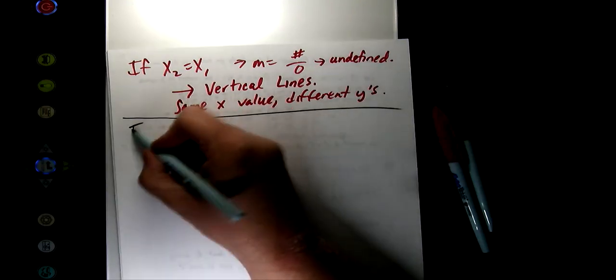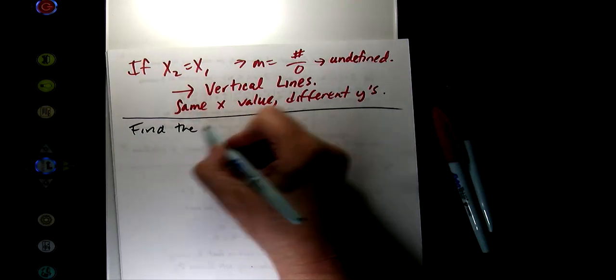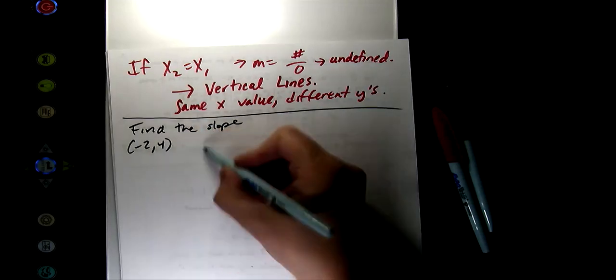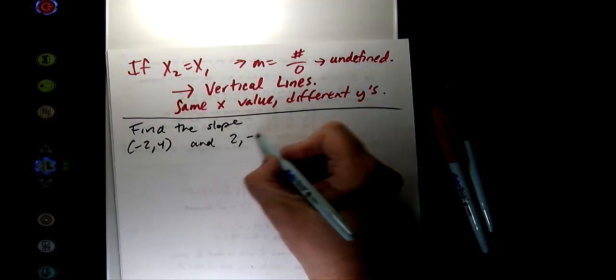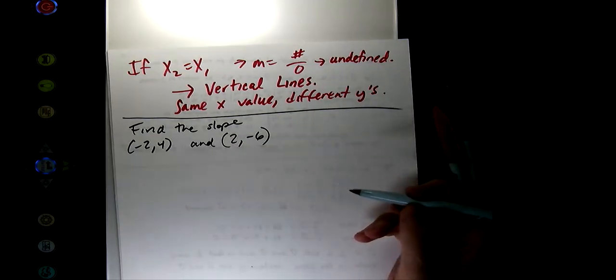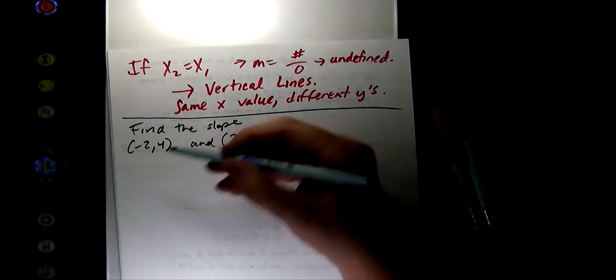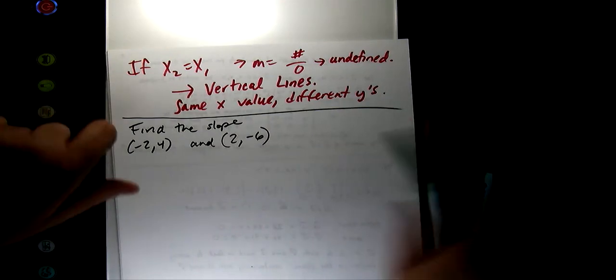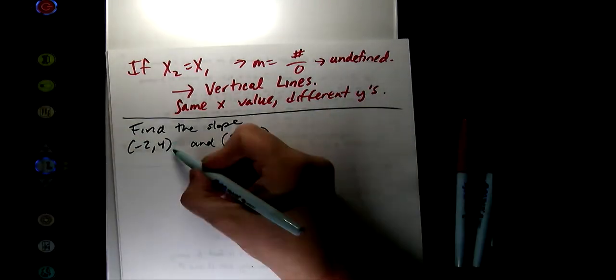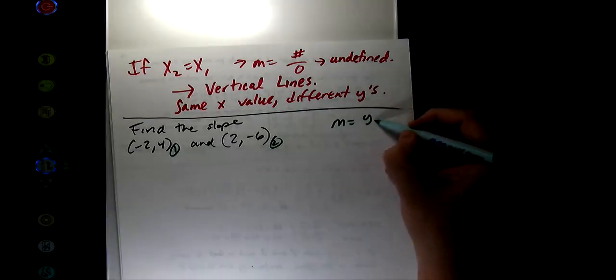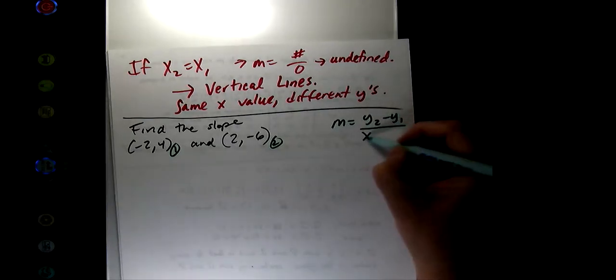Alright, find the slope. So, we're gonna do it two ways. The first way, I am gonna call this point 1 and this point 2. Remember, we're doing y2 minus y1 over x2 minus x1.